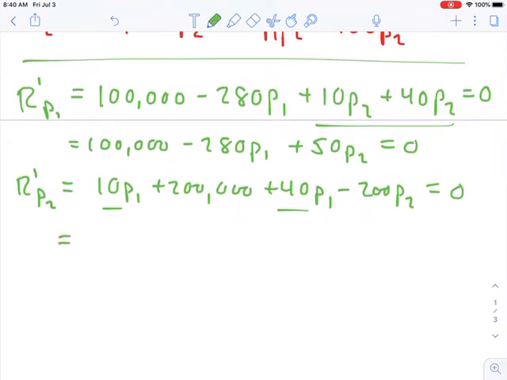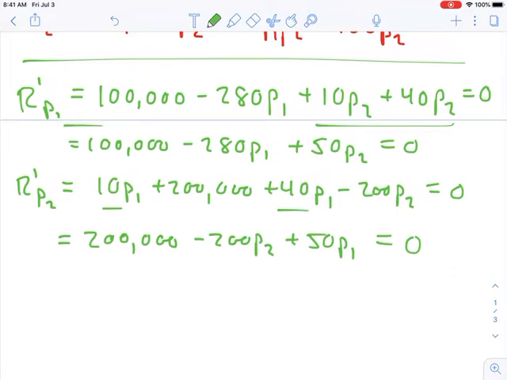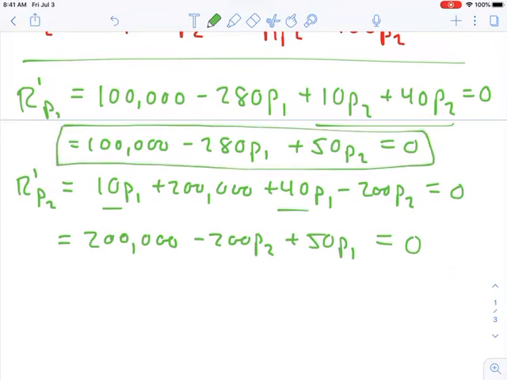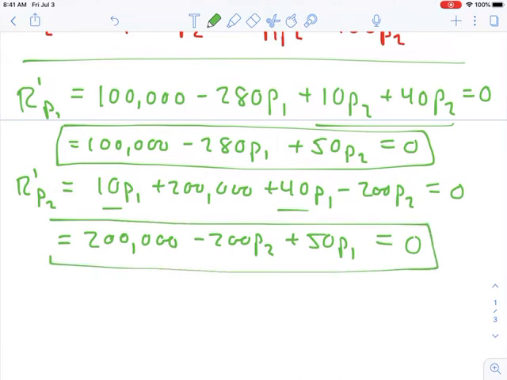So we end up with 200,000 minus 200 P2 plus 50 P1 equals 0. So there's our two partial derivatives. We have one of them right here. That's with respect to P1, and this one right here with respect to P2.